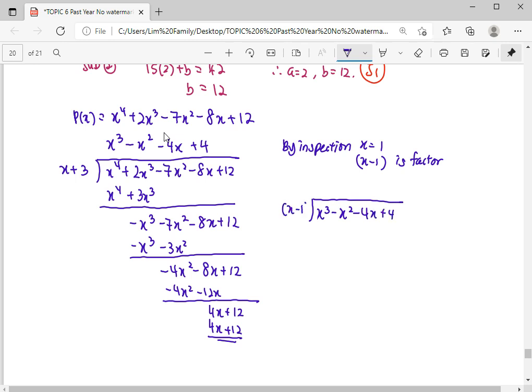Divide by another factor here, x minus 1, so that we can get the quadratic factor. So times negative 4. So finally, we can write our polynomial as: one of the factors is x plus 3 from the beginning of this process.